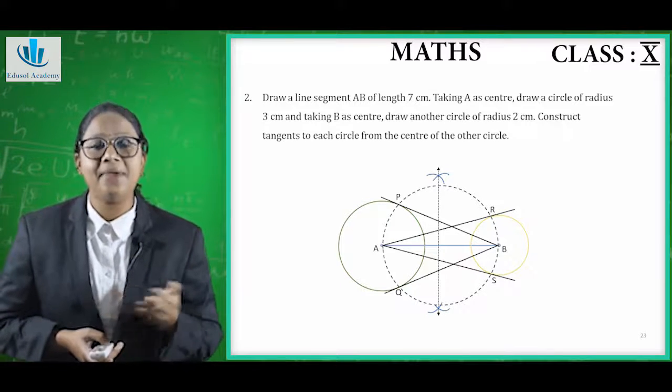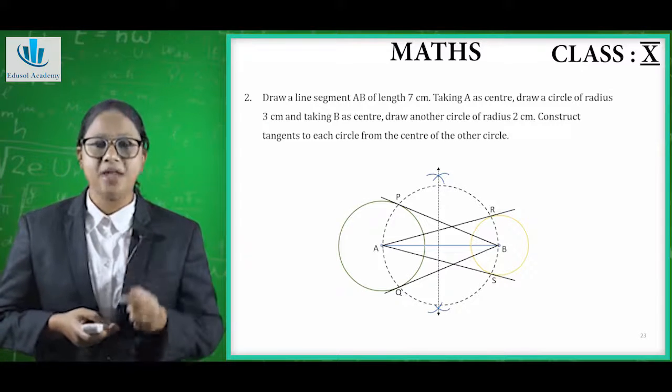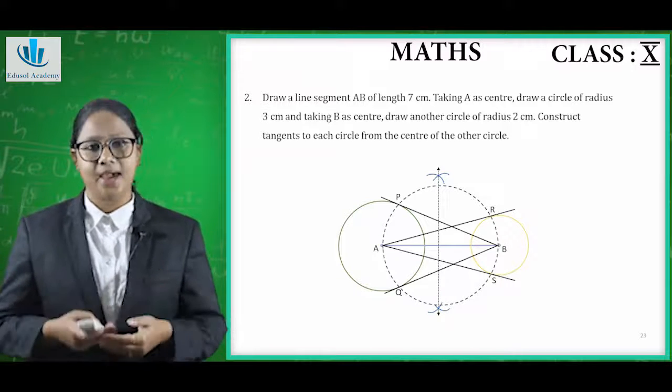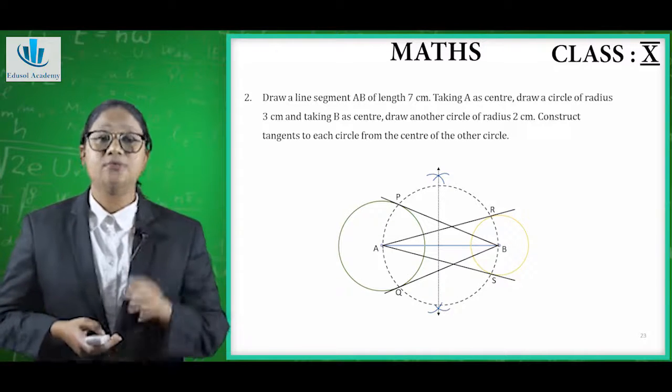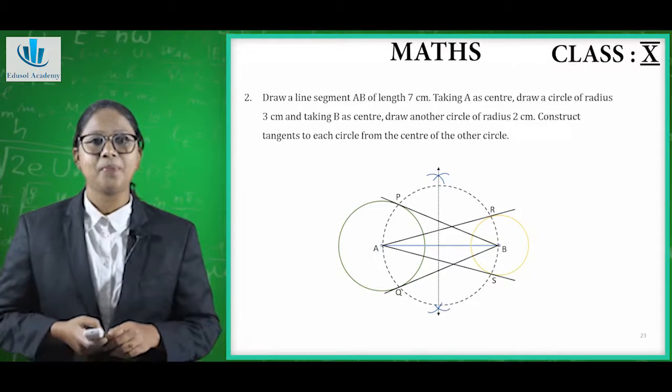Similarly, join BP and BQ. So BP and BQ are one pair of tangents and AR and AS is the other pair. So we got two pairs of tangents, or 4 tangents in total.